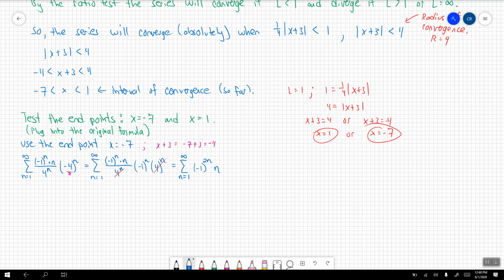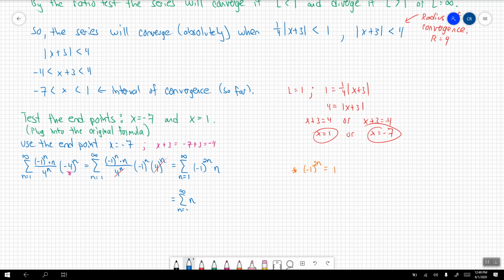Negative 1 to the power of 2n is always going to be positive, so let's do this in orange: negative 1 to the power of 2n is always going to equal 1. Which means this series just gets us the series for n.